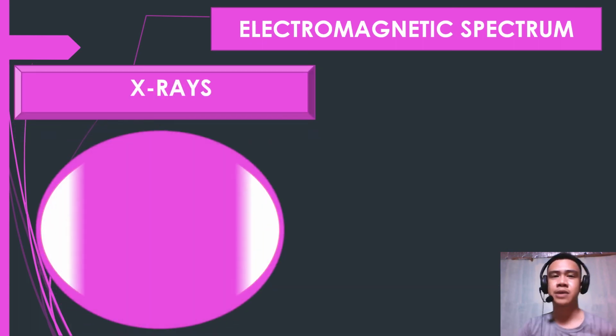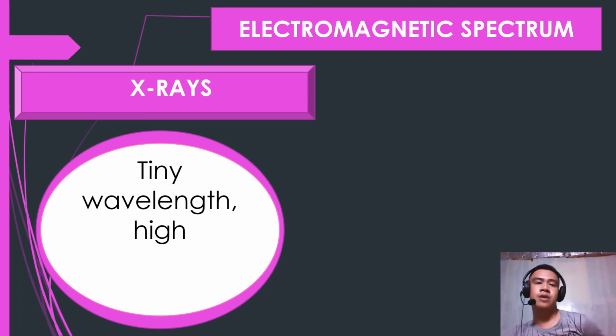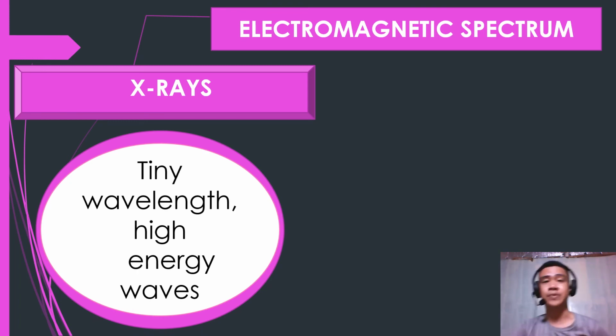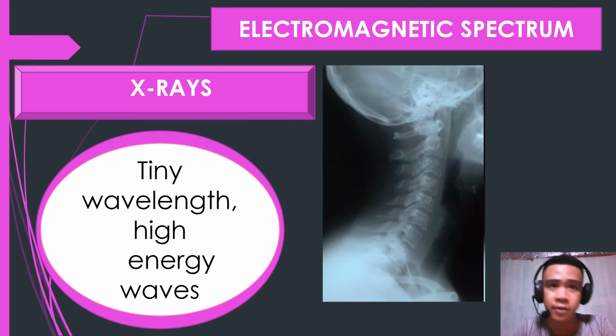What is an X-ray? X-rays are tiny wavelength, high energy waves. They have a shorter wavelength and higher frequency than UV rays, can carry a great amount of energy, and can also penetrate most matter.